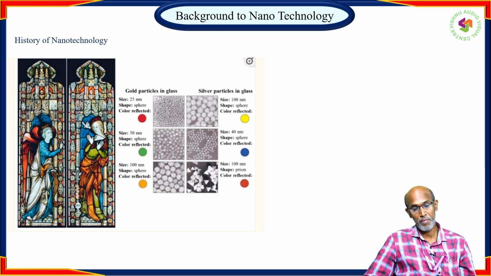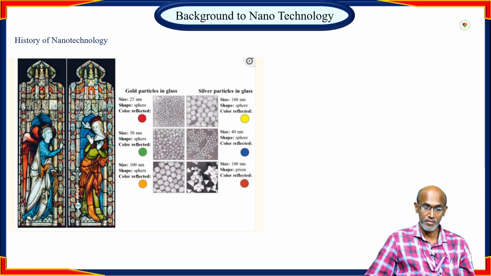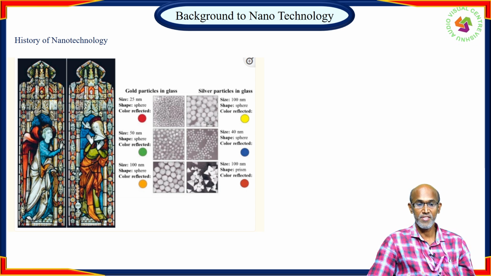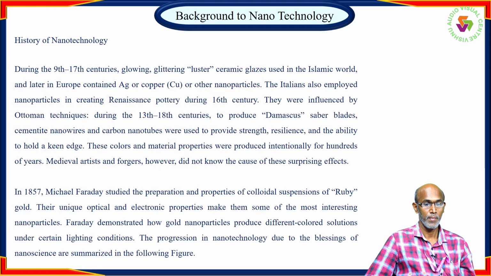Coming to the case of silver particles, if the size is 100 nanometers and the shape is sphere, the color reflected is yellow, and if the size is 40 nanometer and the shape is sphere, the color reflected is blue. If the size is 100 nanometer and the shape is a prism, not sphere, here the color reflected is orange, in case of gold nanoparticles of size 100 nanometer.